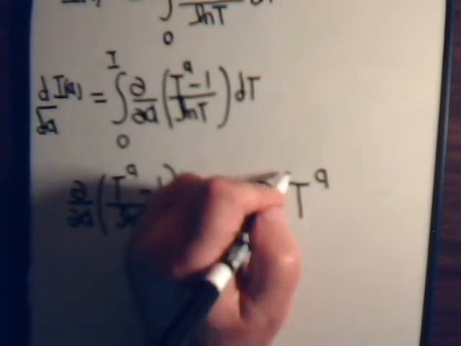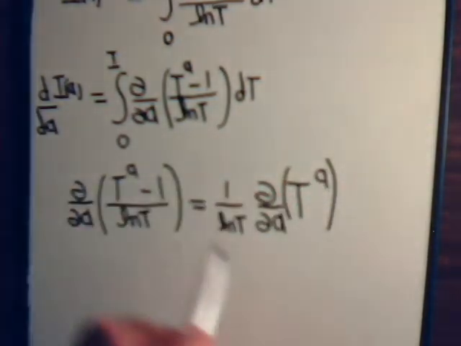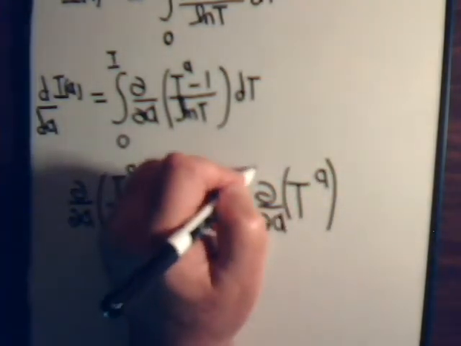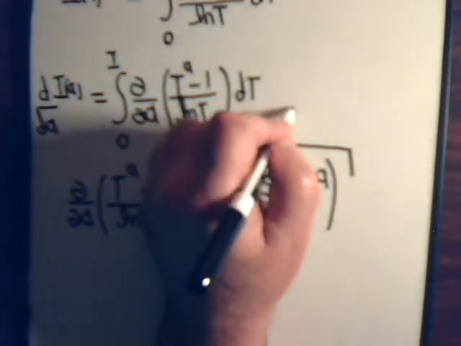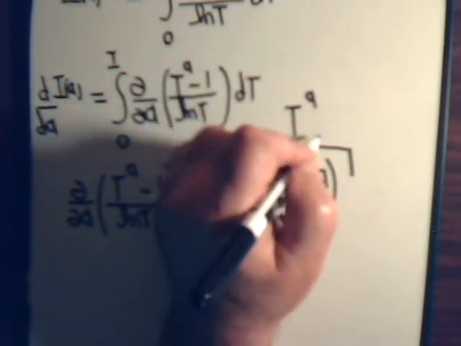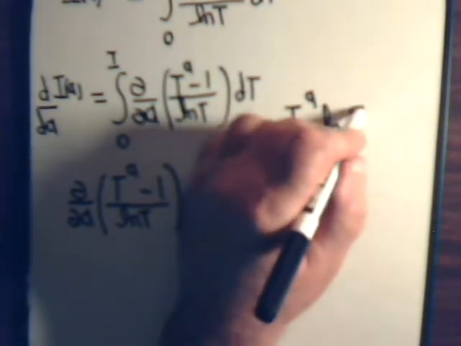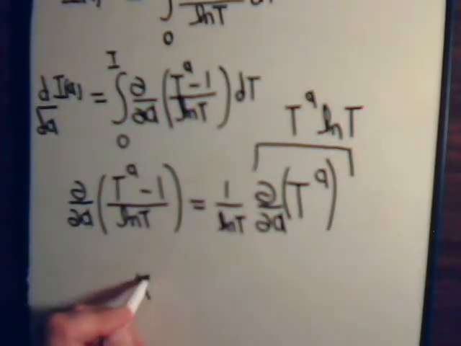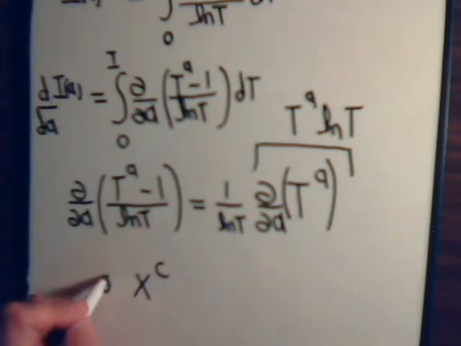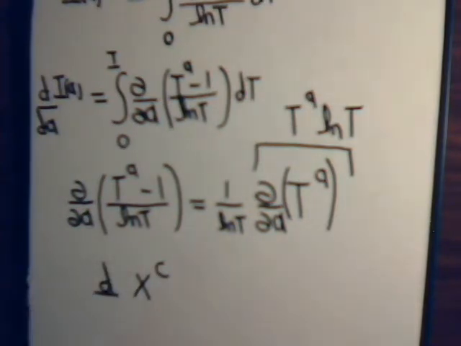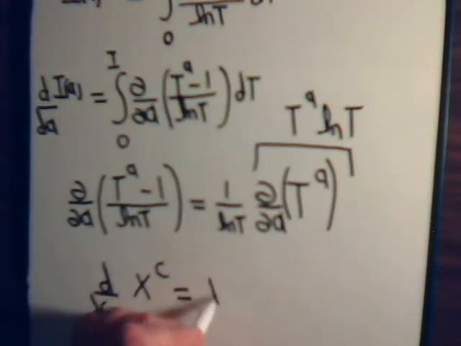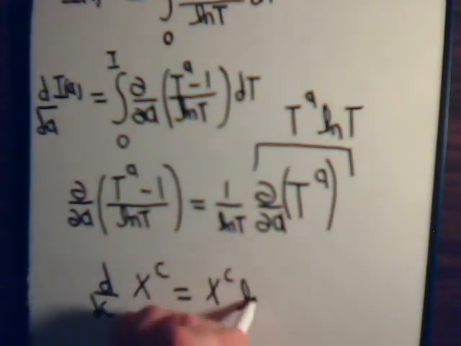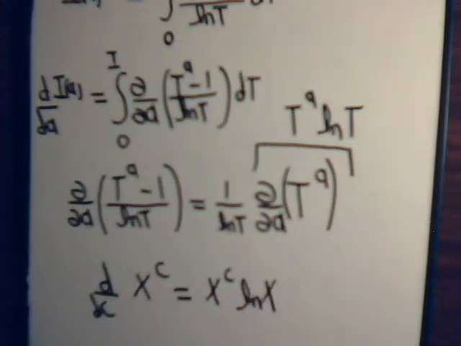And this is just simply t to the a times the ln of t. Remember, if we have, say, x to the c, and we take the derivative of it with respect to c, that equals x to the c times the ln of x.